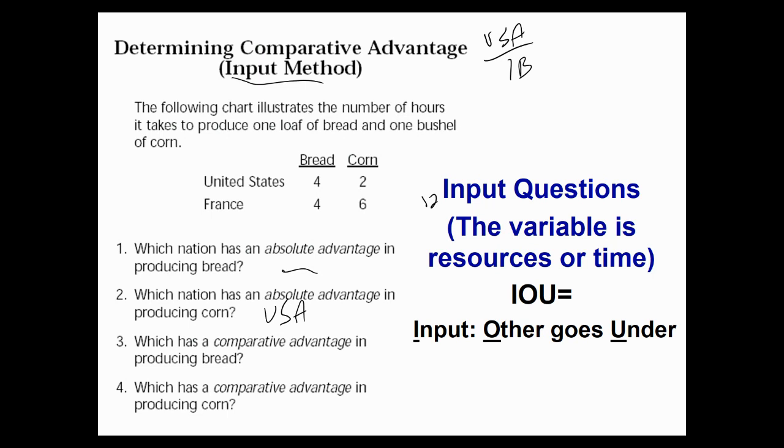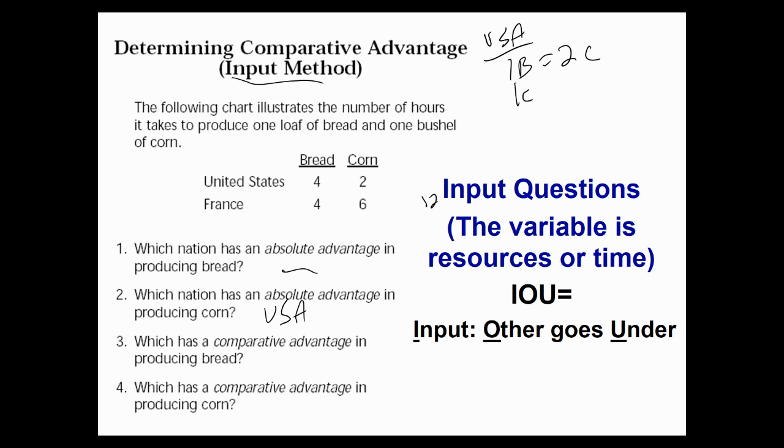So to make one bread, they're giving up two, right? They're giving up 2 corns. So in the same time the United States can make one loaf of bread, they could have made 2 bushels of corn.